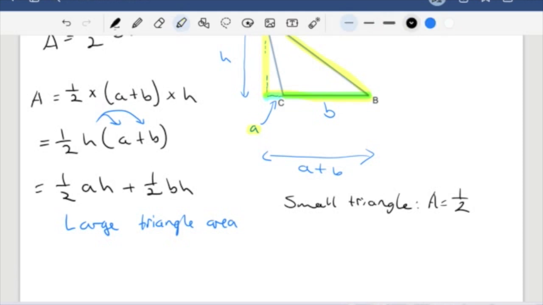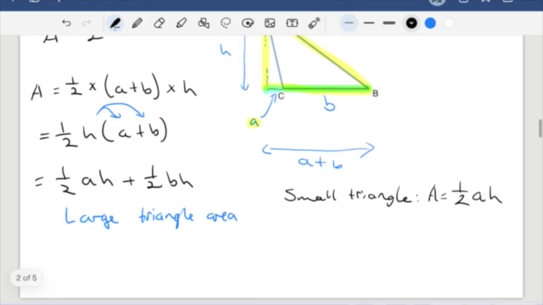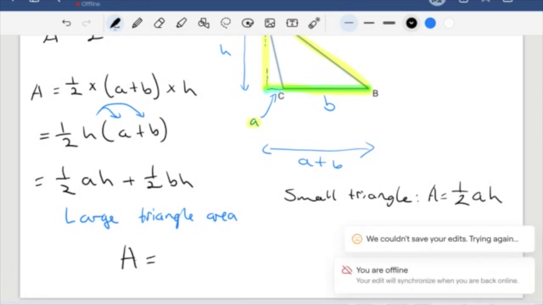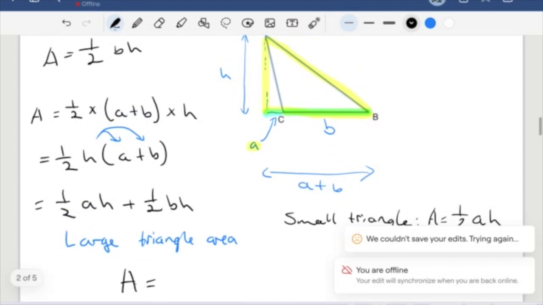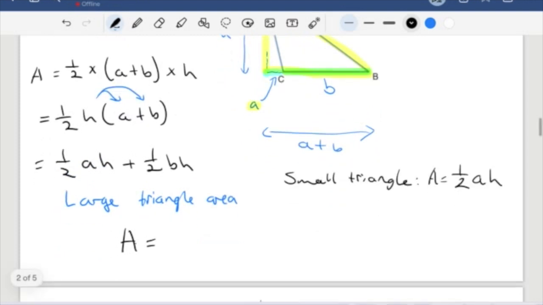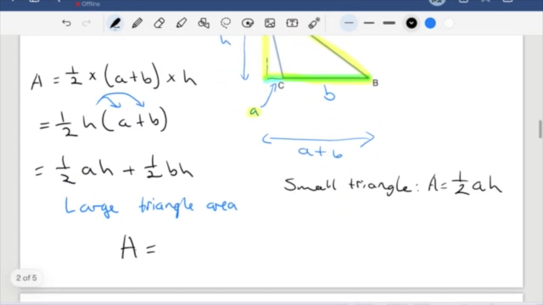So, it's going to be half times A times H. Now, therefore, to find the area of my regular obtuse triangle that I initially set out to find, I'm going to take this large area, which is half times A times H plus half times B times H, and I'm going to subtract half times A times H.